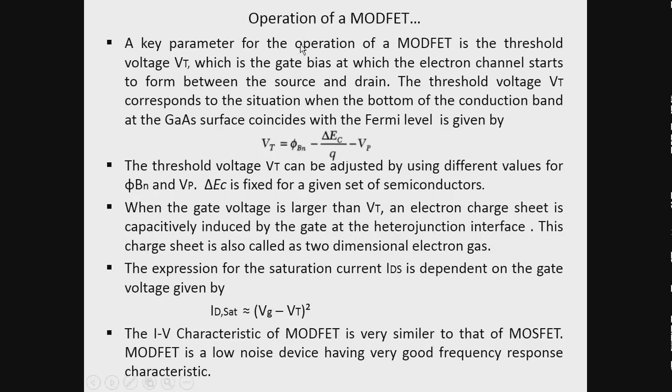A key parameter for the operation of a MODFET is the threshold voltage VT that we have already seen, which is the gate bias at which the electron channel starts to form between the source and drain. The threshold voltage VT corresponds to the situation when the bottom of the conduction band at the gallium arsenide surface coincides with the Fermi level, and that is given by Vt equals φBn minus delta Ec divided by q, minus the pinch off voltage Vp.